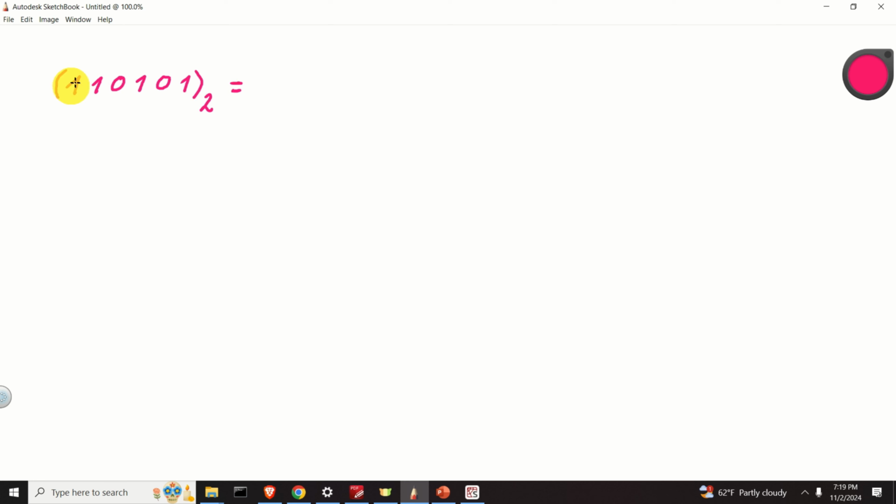The coefficient over here is A5, so let's type 1 multiplying 2 to the power 5 plus 1 multiplying 2 to the power 4 plus 0 from this coefficient multiplying 2 to the power 3 plus 1 from this coefficient multiplying 2 to the power 2 plus 0 from this coefficient multiplying 2 to the power 1 plus 1 from this coefficient over here.